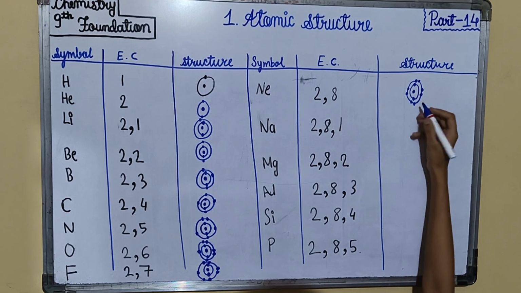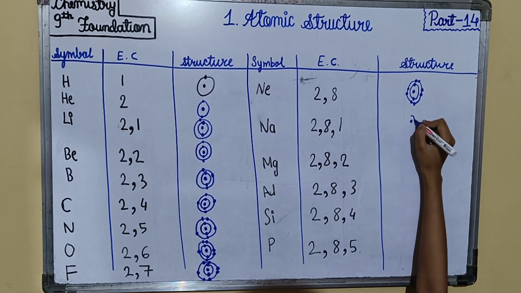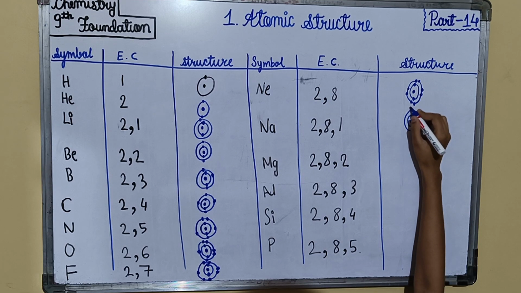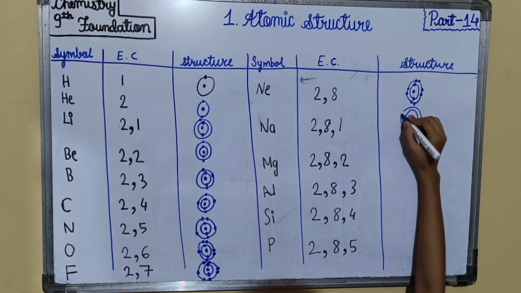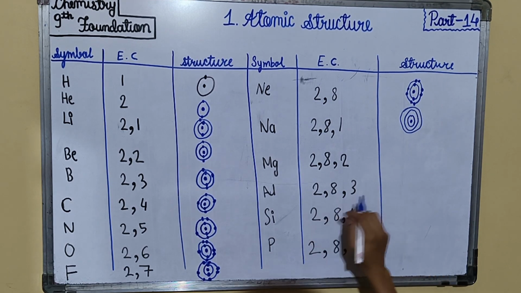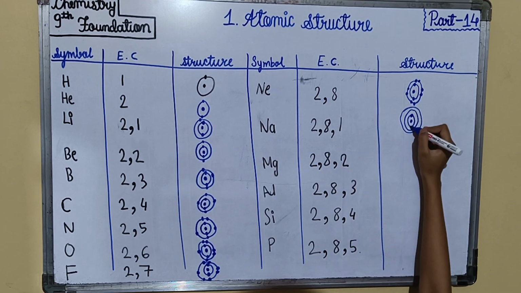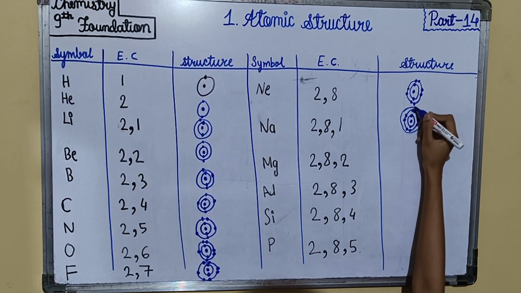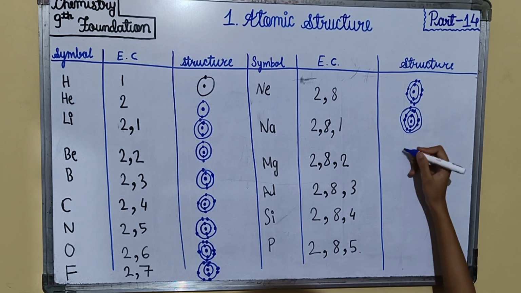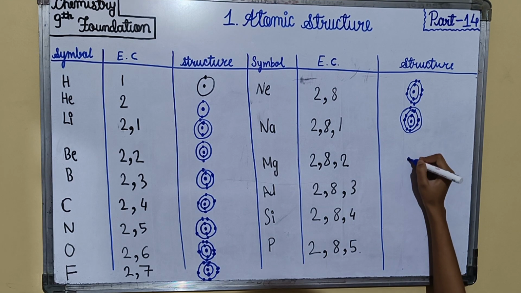Then there is the structure of sodium. We'll take 3 shells because of this electronic configuration, the limited amount of electrons. Now magnesium.